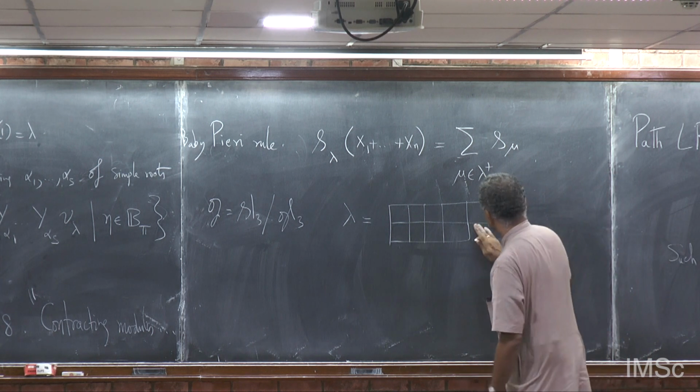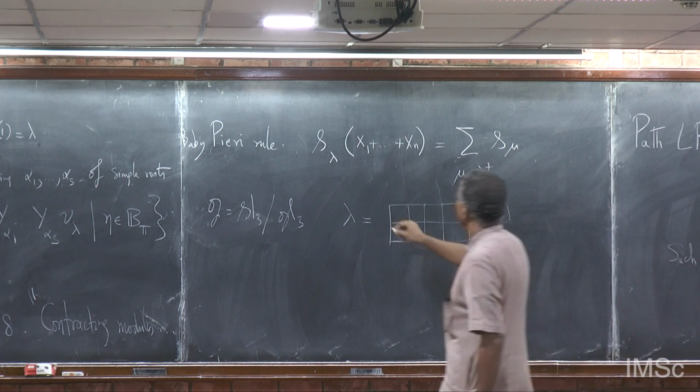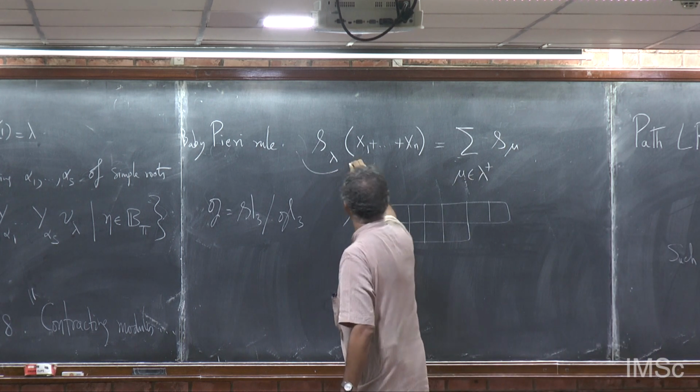Let's see what this means in terms of our rule, let's get this as a special case of our rule. Now, this is my lambda, this is my mu.